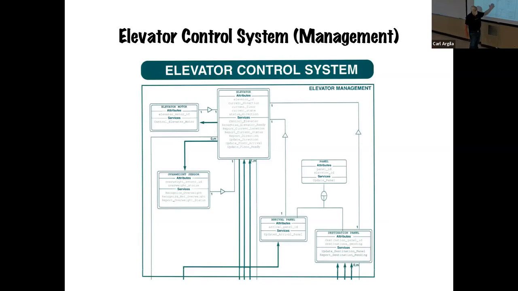Instead of elevators, you've got train cars. And similarly for the other objects. So it facilitates reuse in multiple ways. By the way, if you take the elevator control system and you make it three-dimensional, you have the start of an air traffic control system.